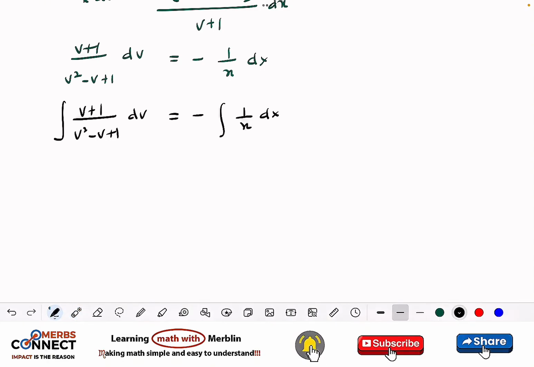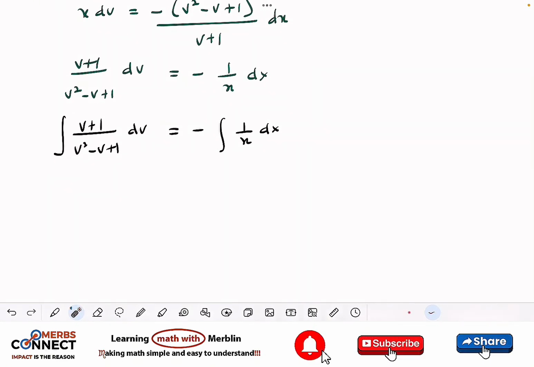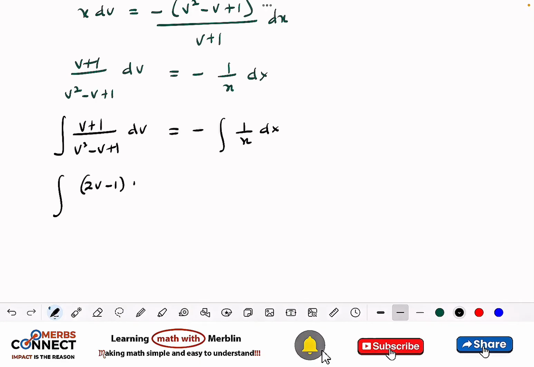So this function here can be written as, let's say, 2Vn, let me say, minus 1 plus, and then this one is going to be Vn, yeah, Vn plus 2.